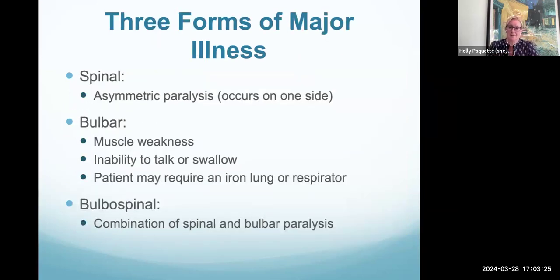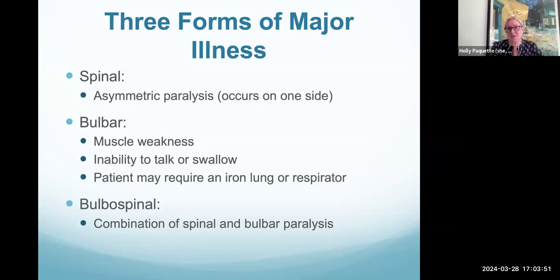So the 3 types of major illness that we saw, and again, remember, this is having to do with paralysis, were either spinal, and this meant that you had asymmetrical paralysis, meaning paralysis either on your left or your right-hand side, or maybe you had bulbar, which meant that you had muscle weakness. And in this case, often we saw an inability to talk or to swallow. And this also affected the respiratory system.